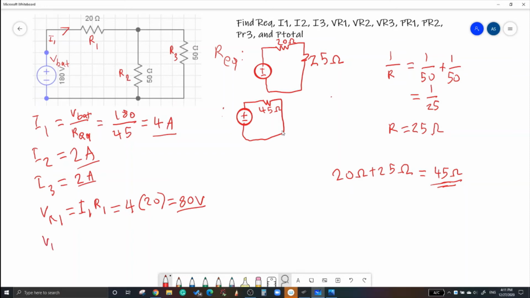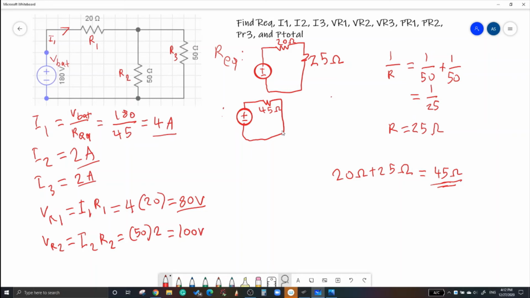Now to find VR2, it's basically the same steps again. We will do I2 times R2. Now R2 has a value of 50 ohms and I2 has a value of 2 amps. So if we evaluate that, we will get 100 volts.